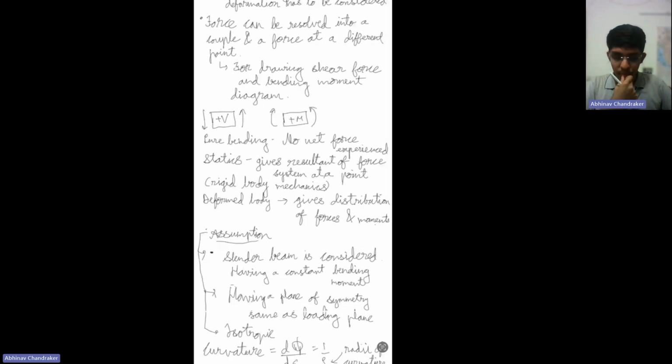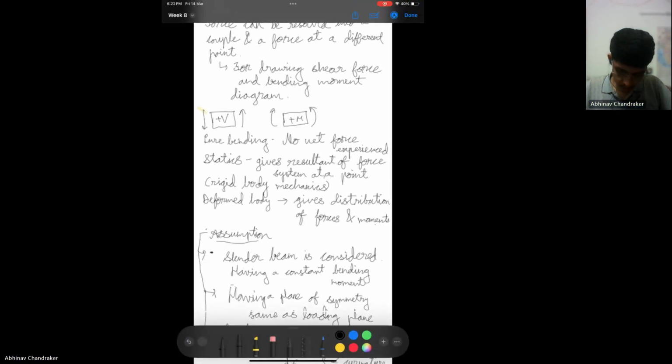Also, Sir mentioned the convention which we'll be using when making the shear force and the bending moment diagram. It will be as follows. If you are seeing the left side of a member and the shear force is downwards, you will call it positive. So on the left side, if the shear force is downward, it's positive. But on the right side, if it is upwards, we'll call it positive.